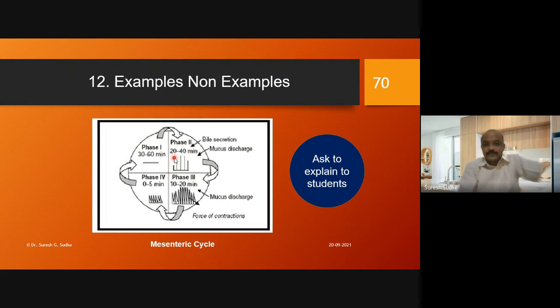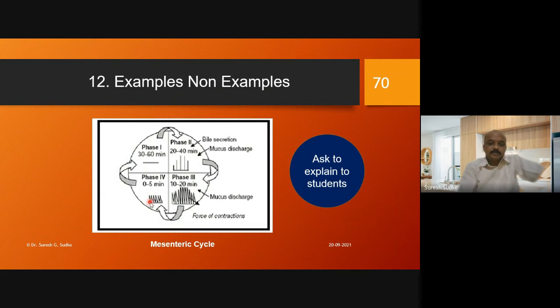This phase lasts for 20 to 40 minutes. After that, phase 3 comes for 10 to 20 minutes. Here there is a high intensity of forceful contractions, and the frequency of contraction is also more, and therefore very high mucus discharge takes place.